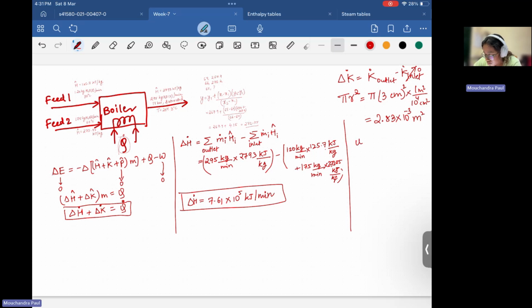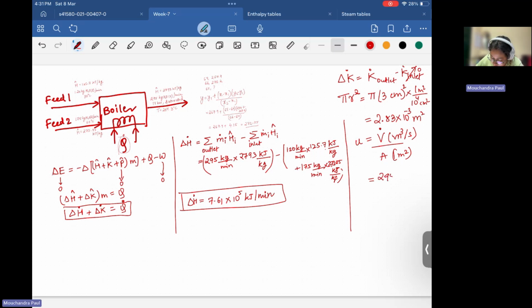Now velocity of the feed that is coming out, u, can be given as the volumetric flow rate by the area. Volumetric flow rate is expressed in meter cube per second, and this is meter square. So this will give us the velocity in meter per second. So volumetric flow rate of the outlet can be calculated from the mass and the density of water.